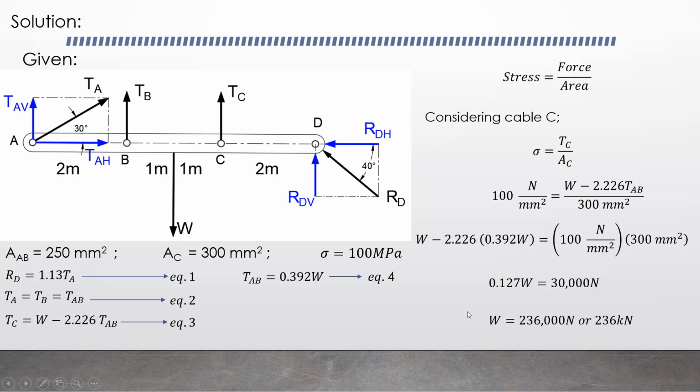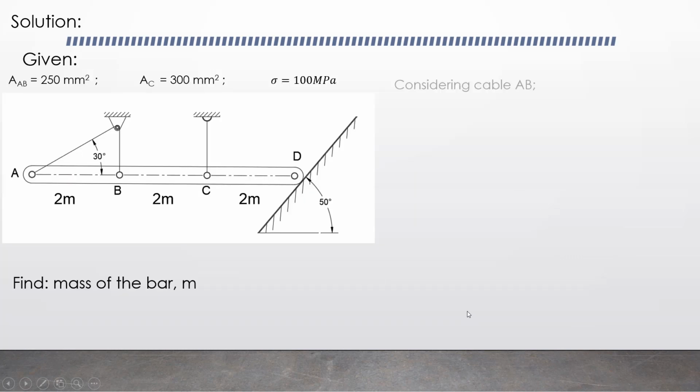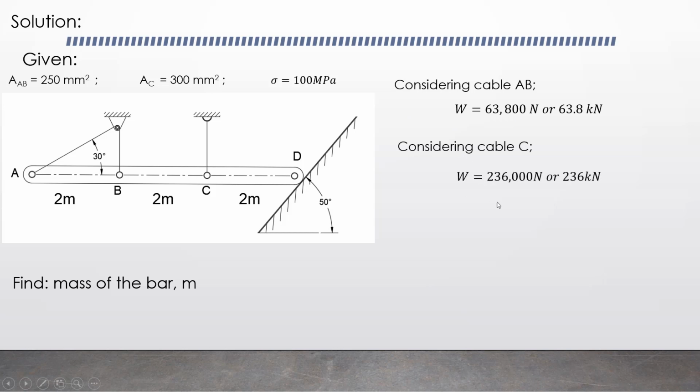So as I said before, the cable AB is much weaker than the cable C, as we computed here. What we are looking for is the maximum mass of the bar that these two cables can carry.